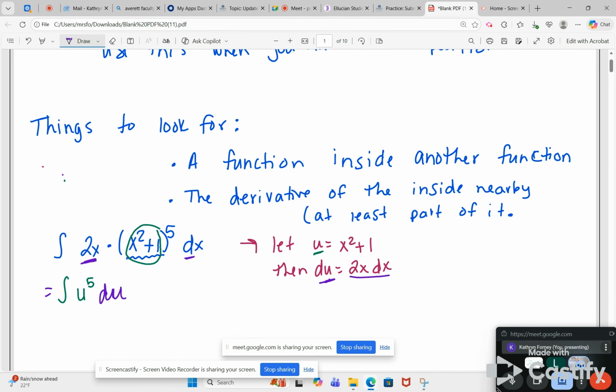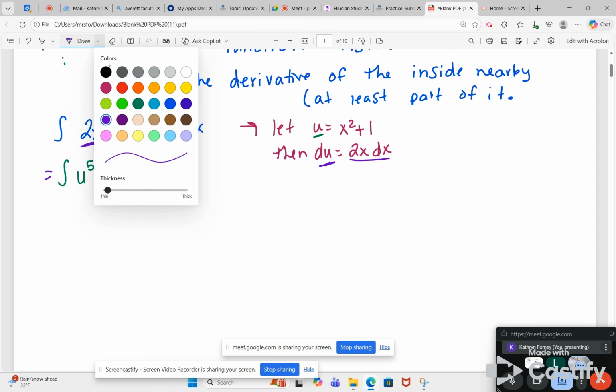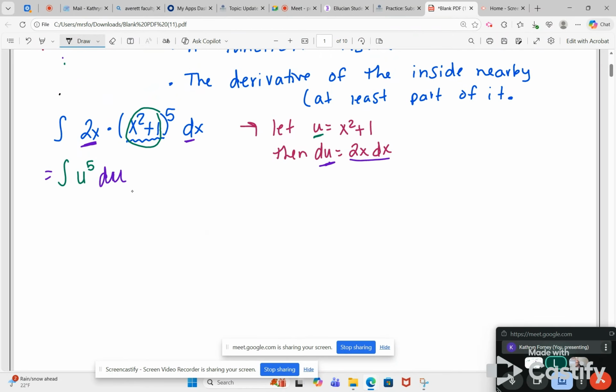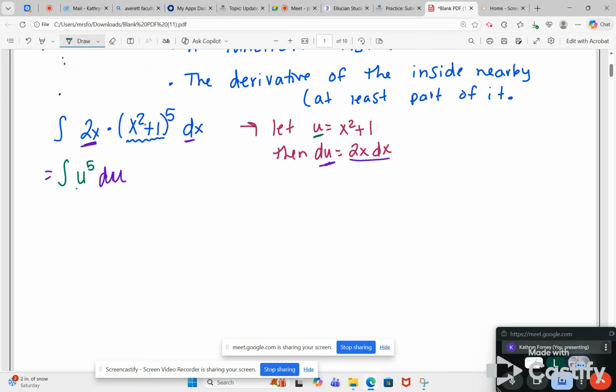Okay? So now we take the antiderivative here. This is u to the fifth, because u was x squared plus 1, so the u to the fifth comes from right here.